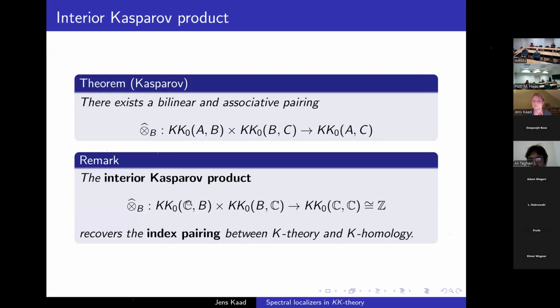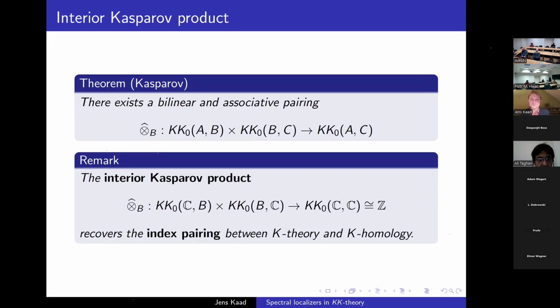So in this case, the interior Kasparov product is integer valued, and what you have on the left-hand side, the first factor is just the K theory of B, and the second factor is isomorphic to the analytic K-homology of B. And this interior Kasparov product really recovers the well-known index pairing between K theory and K-homology.